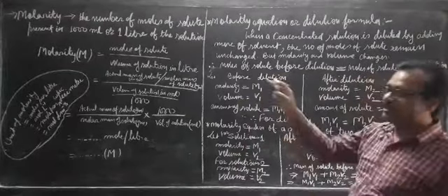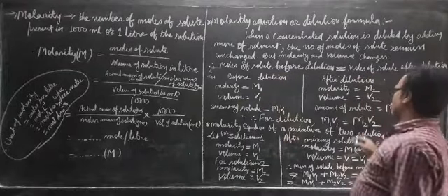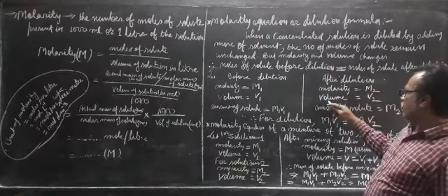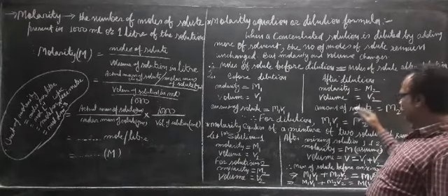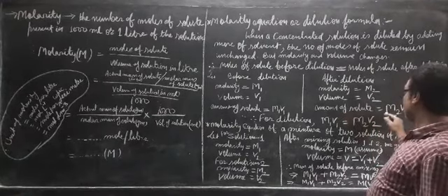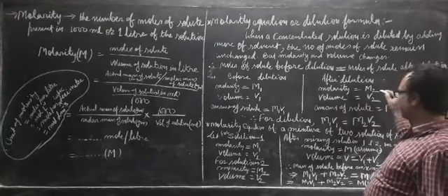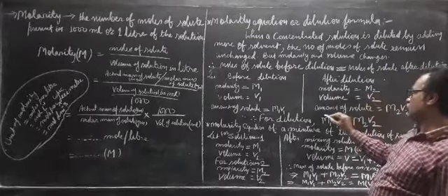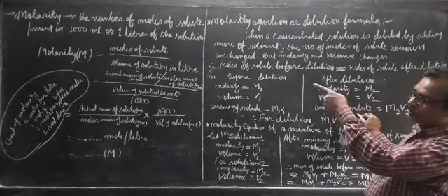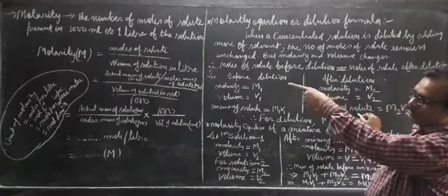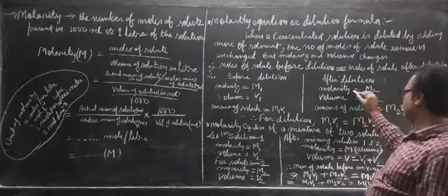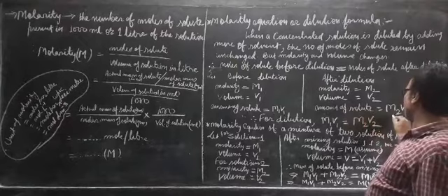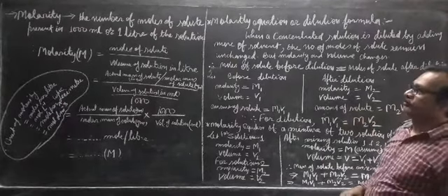So after the dilution, molarity is M2, volume is V2, and the amount of solute would be M2 into V2, because moles of the solute equal molarity into volume of the solution.